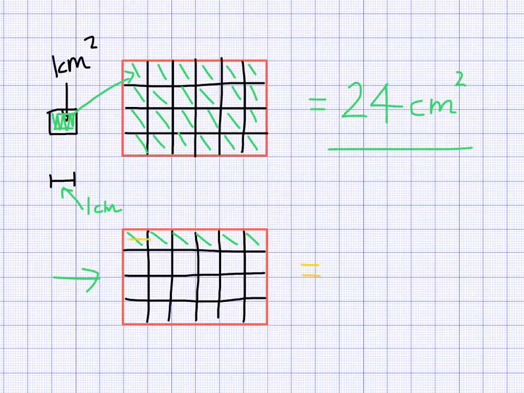So we might go 6, 12, 18, 24. So you can see that method works to find that the area of this rectangle is 24 square centimetres. Slightly more efficient, but there are a couple more ways that we want to try and get towards or start putting into place to find the area of rectangles.